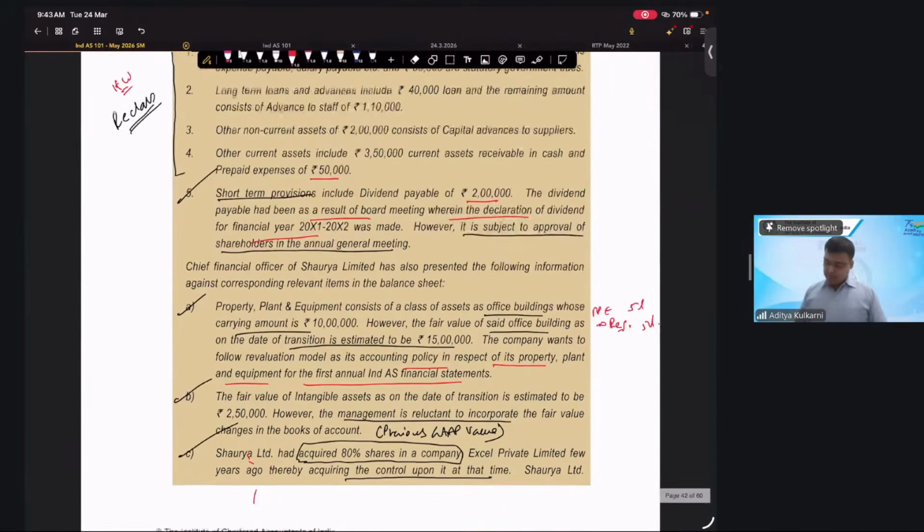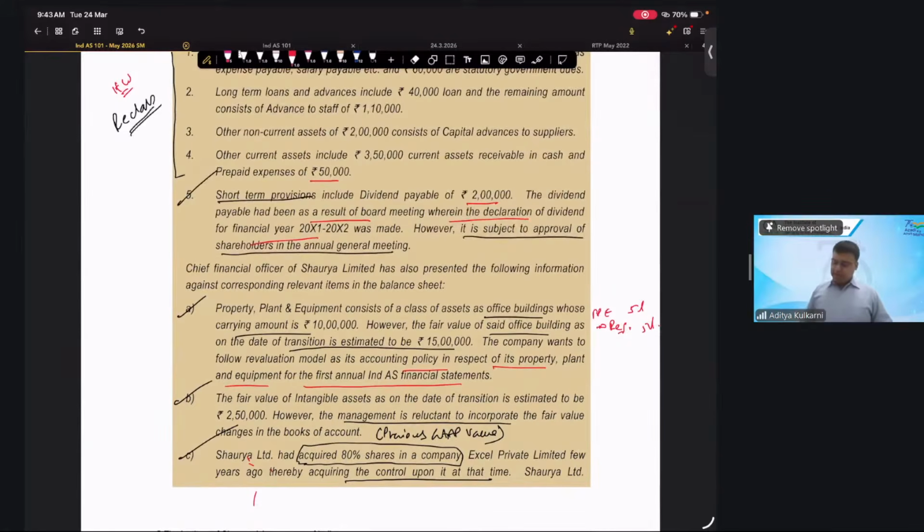Next. The fair value of intangible asset is estimated to be 2,50,000. Management is reluctant to incorporate the fair value changes in the books of account. So this previous GAAP value continues, no change. Okay. Shaurya had acquired 80% shares in Excel, thereby acquiring control.